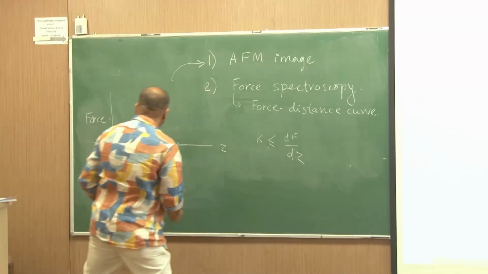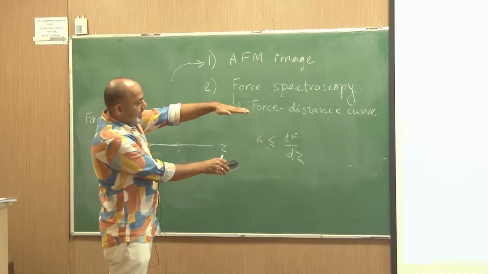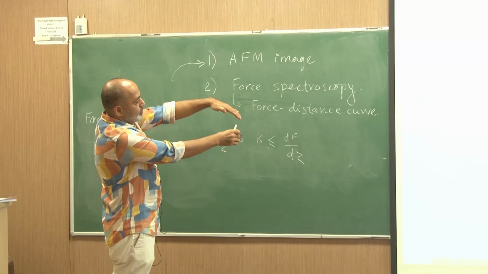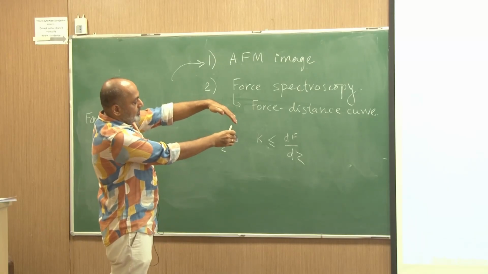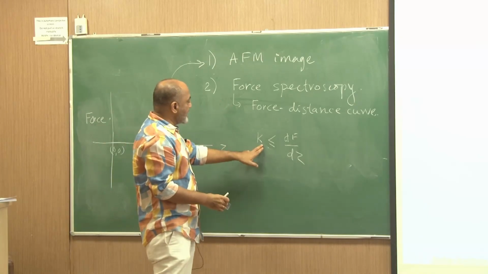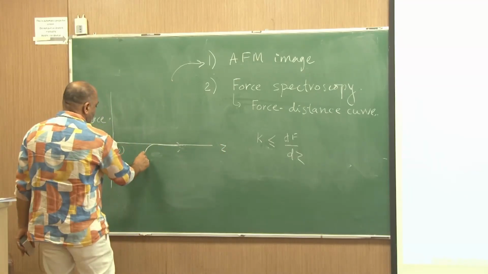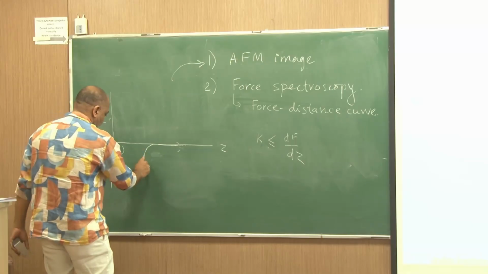At that point, you come slowly and it is bending, and the rate at which you are going down exceeds the stiffness of the lever, so there is a jump in instability.